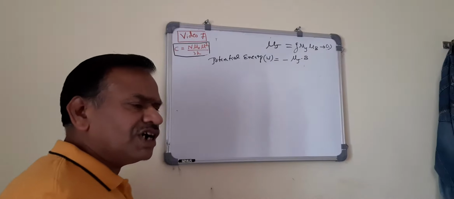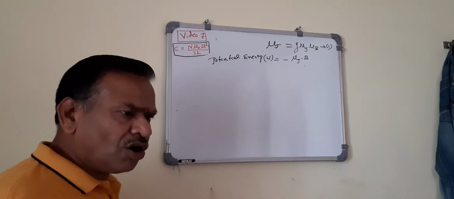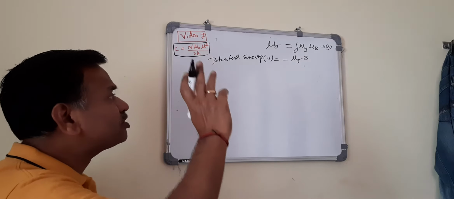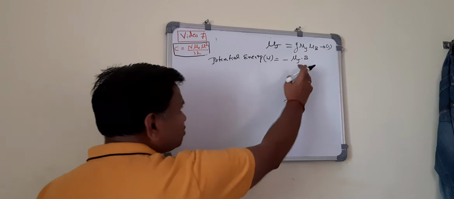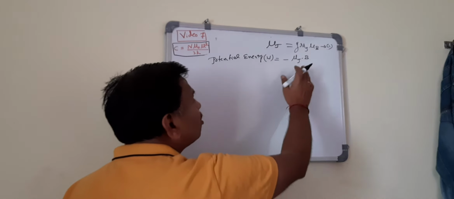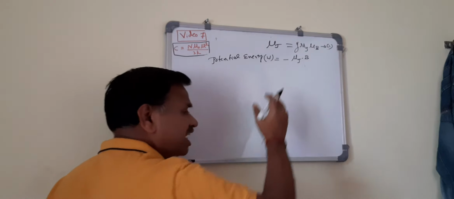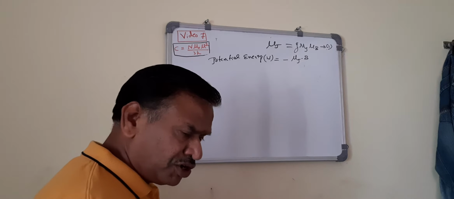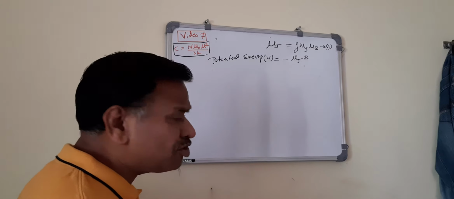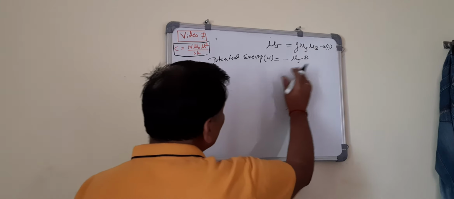In the vector atomic model, all atomic magnets are oriented with respect to the magnetizing field, where theta equal to 0, so that A dot B equal to AB cos theta. Theta equal to 0 means cos 0 equal to 1.